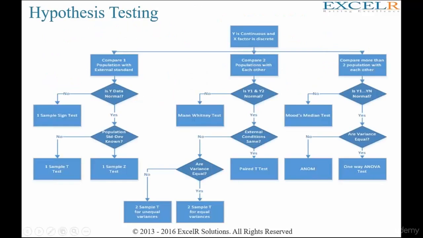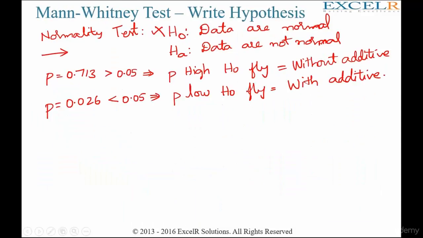If data are not normal, we need to transform the data and check whether data follows normal distribution or not. However, assume that we have done that transformation and despite that, the data does not follow normal distribution.